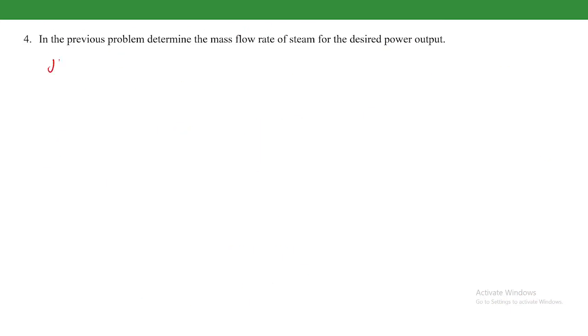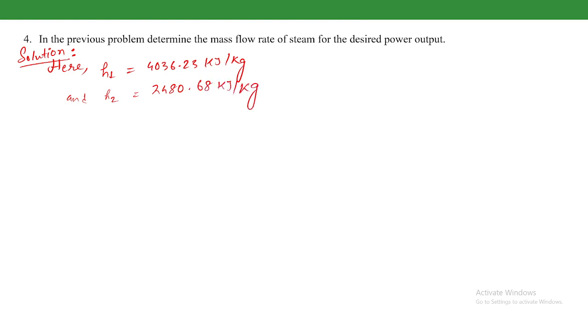Here H1 is equal to 4036.23 kilojoule per kg and H2 is equal to 2480.68 kilojoule per kg.